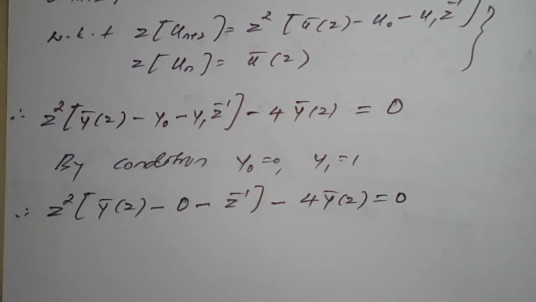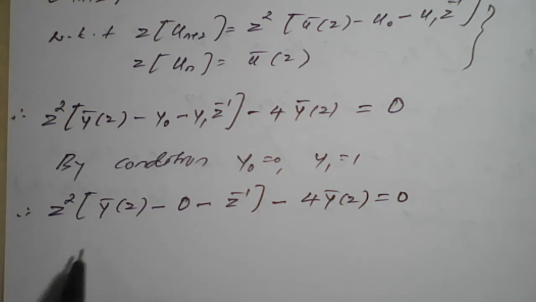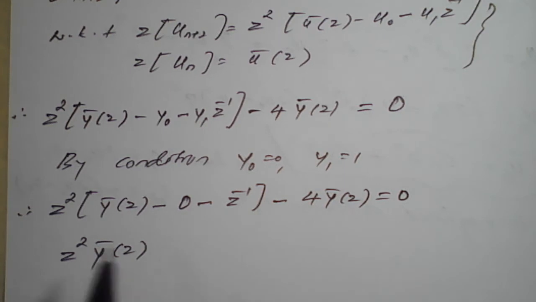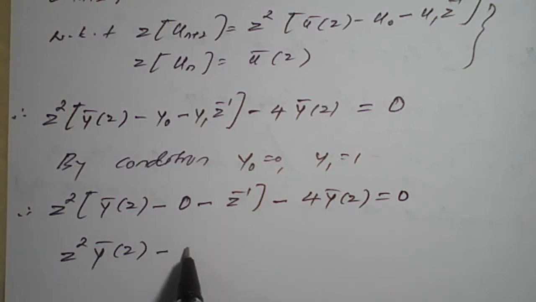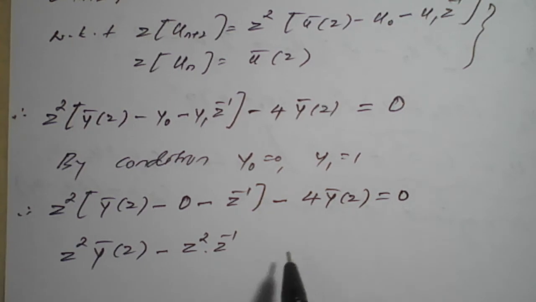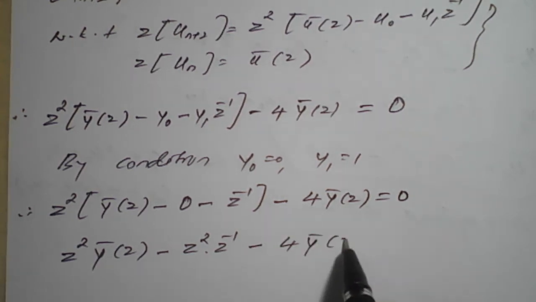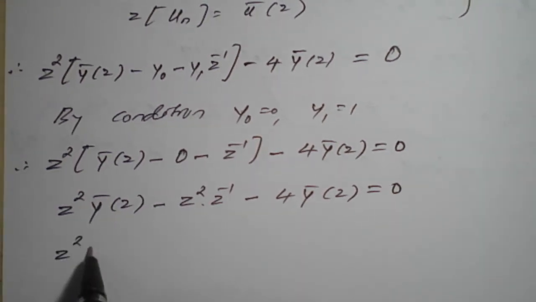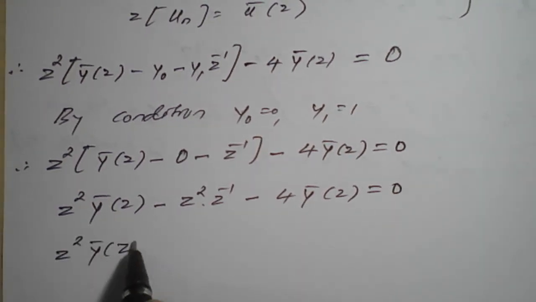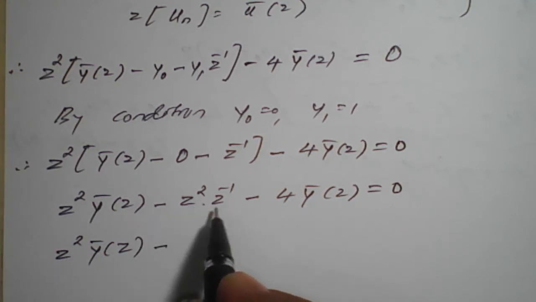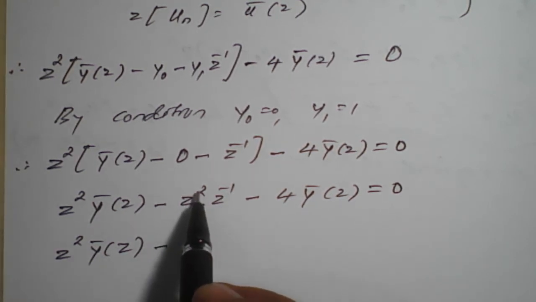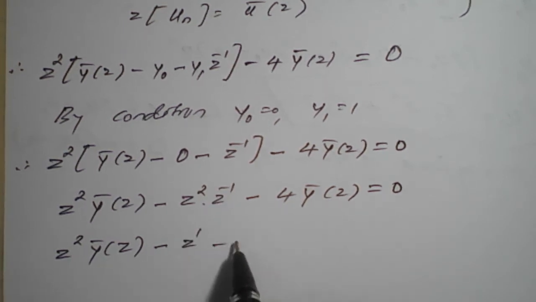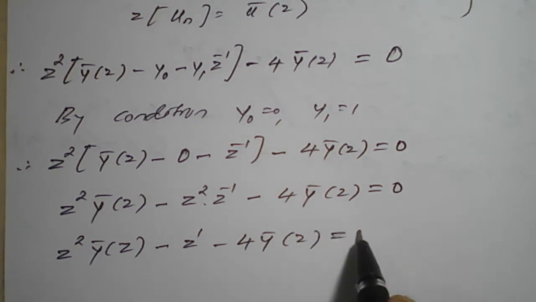Once we got this step, we need to simplify. Z square into y dash of z, z square into 0 is 0, leave it. Plus into minus is minus, so z square into z raised to minus 1 minus 4 y dash of z equal to 0. On simplification, z square y dash of z minus z square into z raised to minus 1; the bases are the same, add the powers, plus 2 and minus 1 will become plus 1, so z raised to 1, minus 4 y dash of z equal to 0.